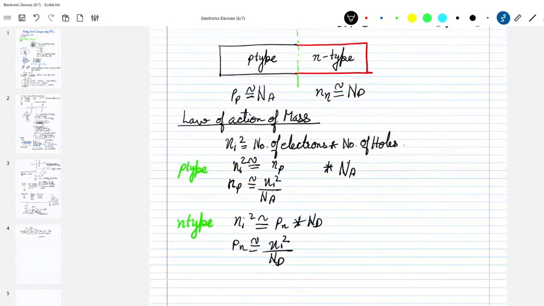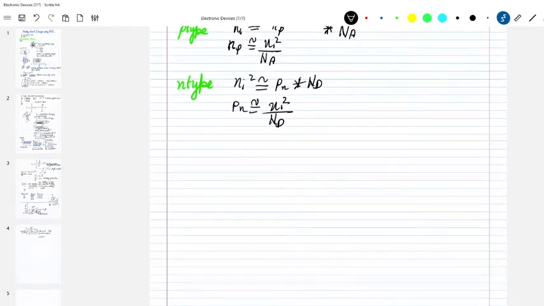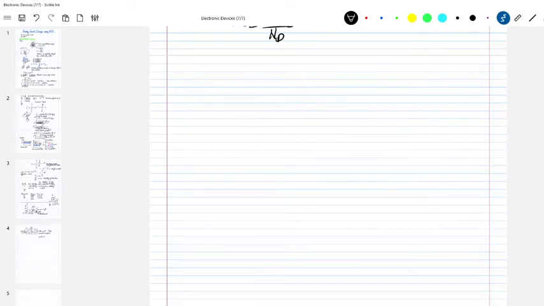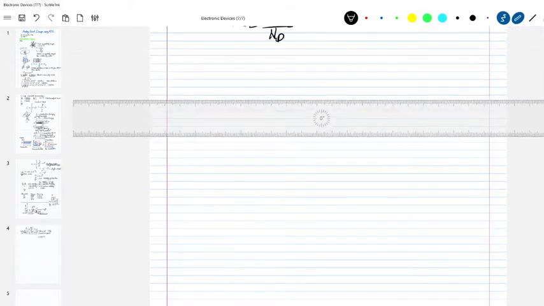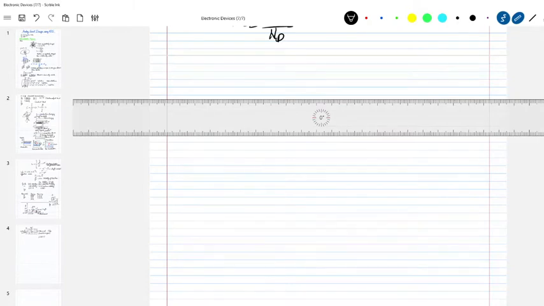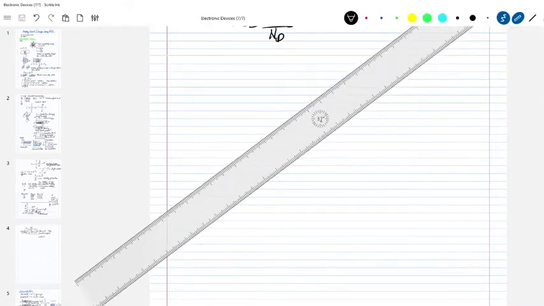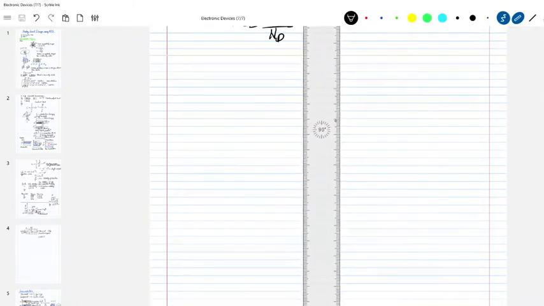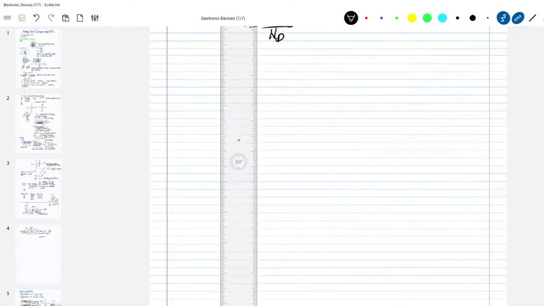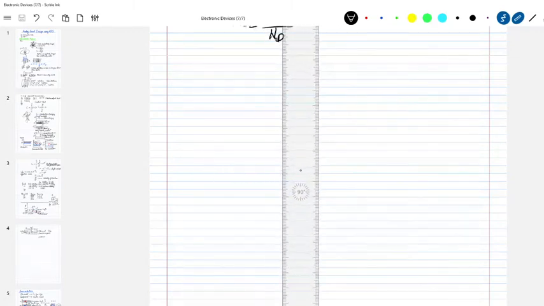Now when we put these two together, something interesting is going to happen. Let me just draw these diagrams which are going to be very helpful later on. So I'm going to write here these equations. Let's consider that this one is where there is an epitaxial junction, and then there are two sides to it.